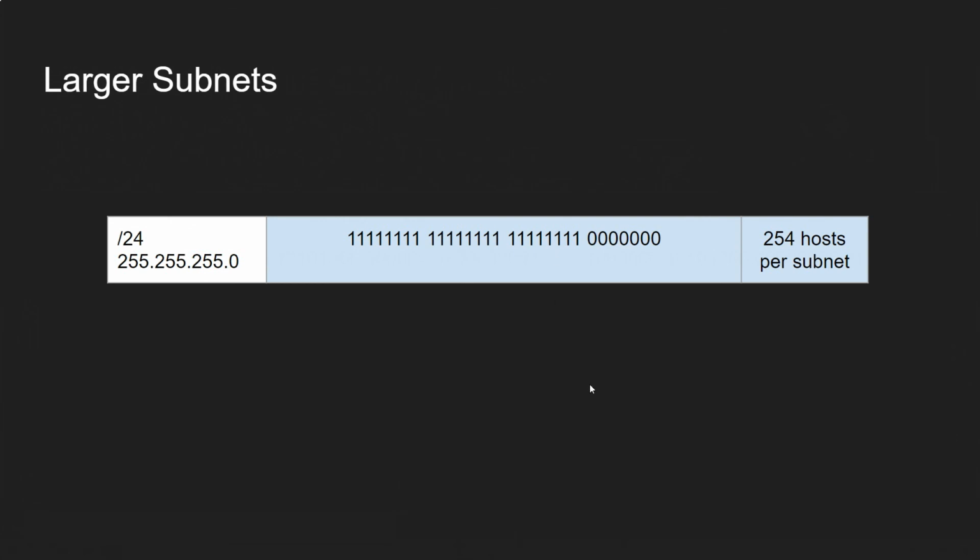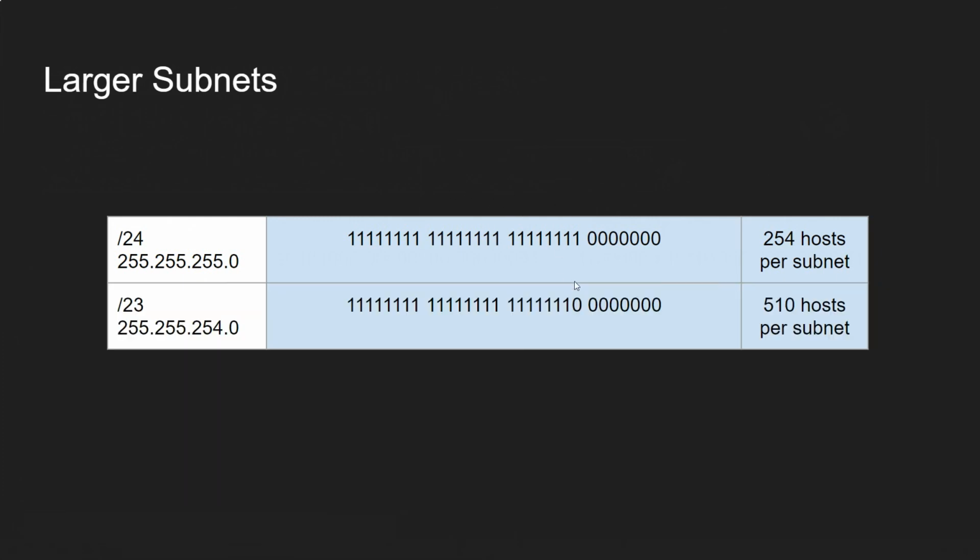It's worthwhile noting that you don't have to keep going this way. You don't have to keep creating a longer mask if you don't want to. You can go the other way. In large organizations, they might want to put 1,000 or 2,000 or 5,000 devices all on the same subnet, and that can be done.